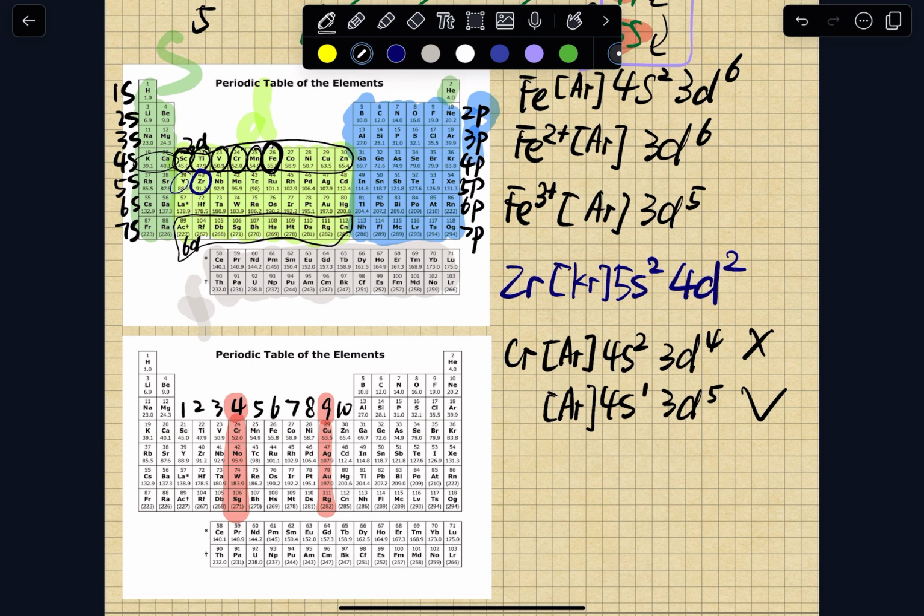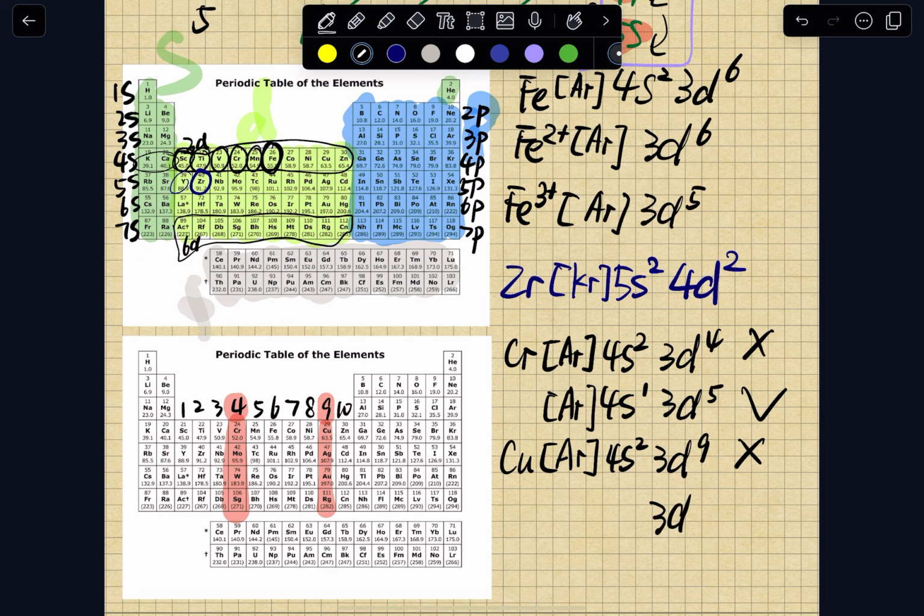And then what about the elements from column 9? Let's also do an example, Cu. If you use the traditional way, you would think it's Ar, then 4s2, and then 3d9. You would think 1, 2, 3, 4, 5, 6, 7, 8, 9, it's the 9th one. But for the same reason, because the d subshell has up to 5 orbitals, if you fill them all up, you can have up to 10 electrons.